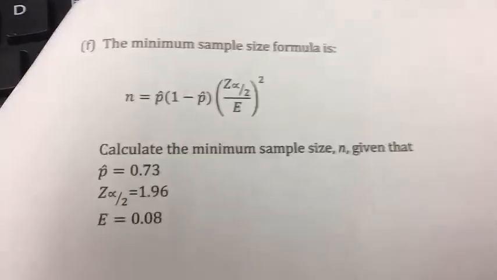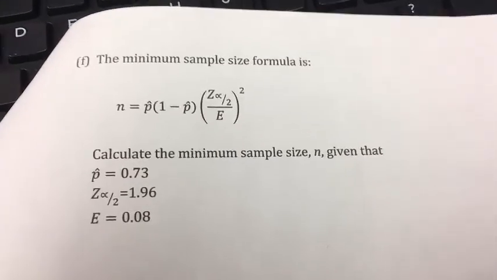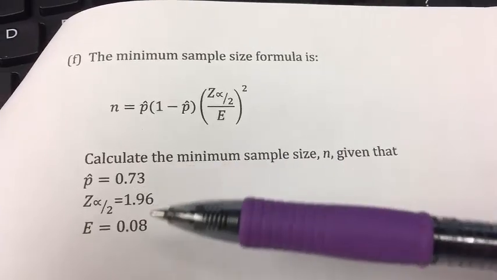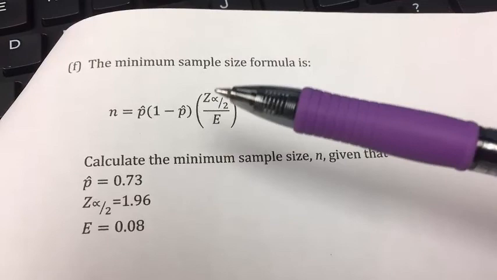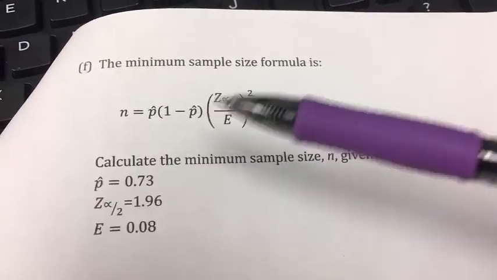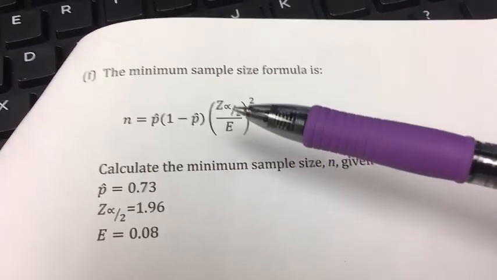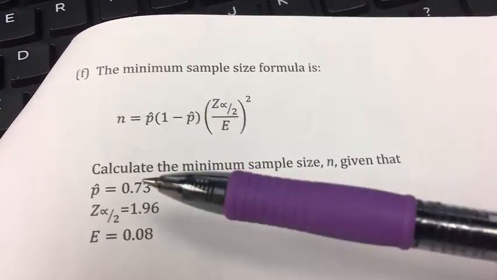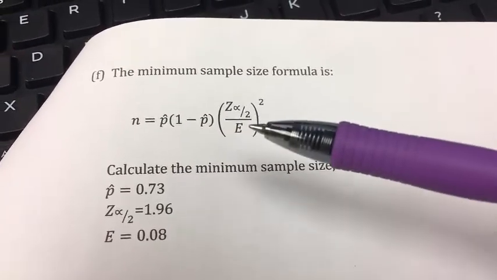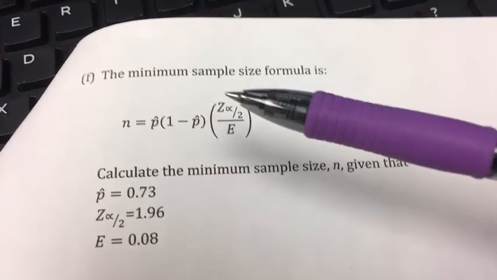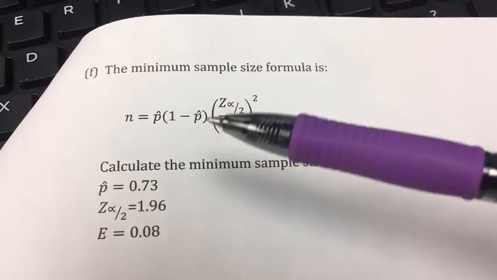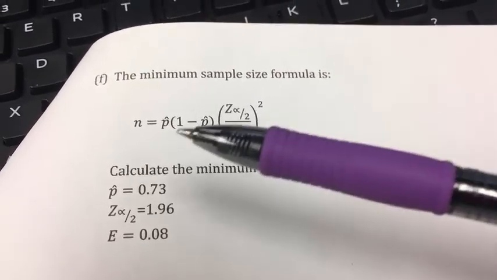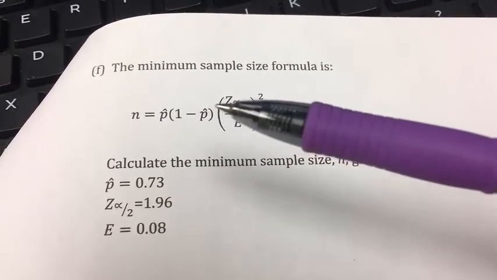Here's another formula that we'll be using later on. This is called the sample size formula. They give you the values. Here's your values. You're going to plug it into the formula. Now, don't let this z alpha divided by 2 throw you off. Just mark that out and put in 1.96. For p hat, put in 0.73, and then for the margin of error, put 0.08. You want to work the part inside the parentheses first, and then square it, and when you've got parentheses, that means multiplication.